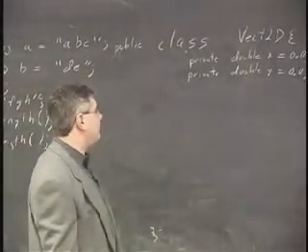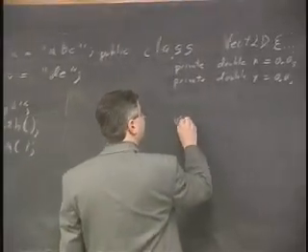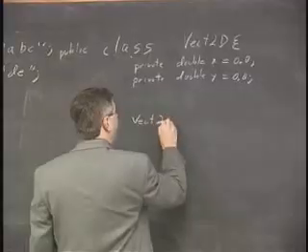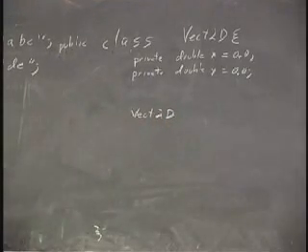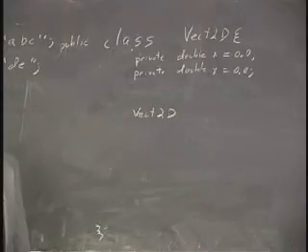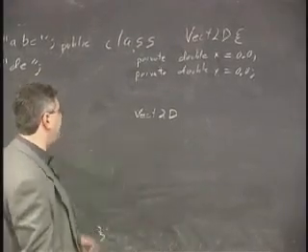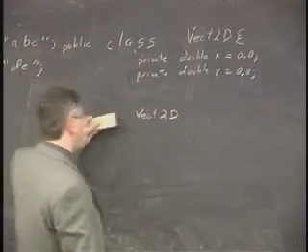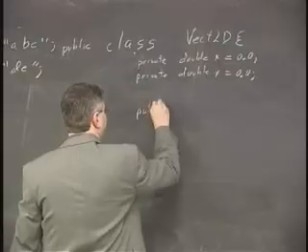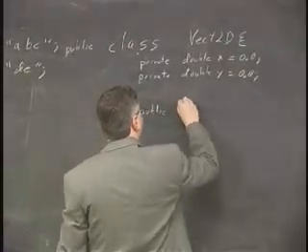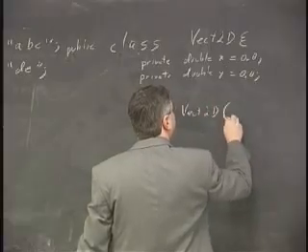Constructors are just methods that have a particular syntax. They are always called the name of the class, and they don't return anything, so you don't specify them as returning anything. They do have an access type, so you can write secret constructors, private constructors.